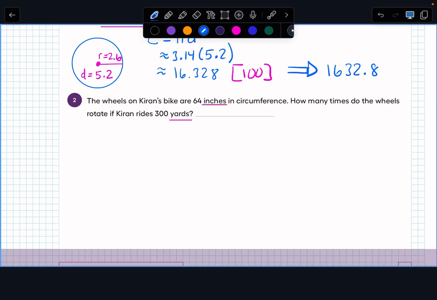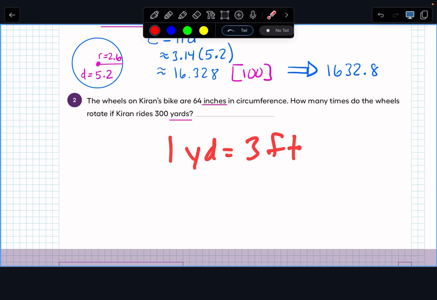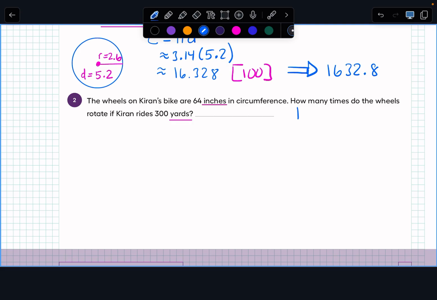Well, we know that there's 12 inches in a foot. 1 yard is equivalent to 3 feet, so 1 yard would be equivalent to 36 inches. That's really important for us to know.